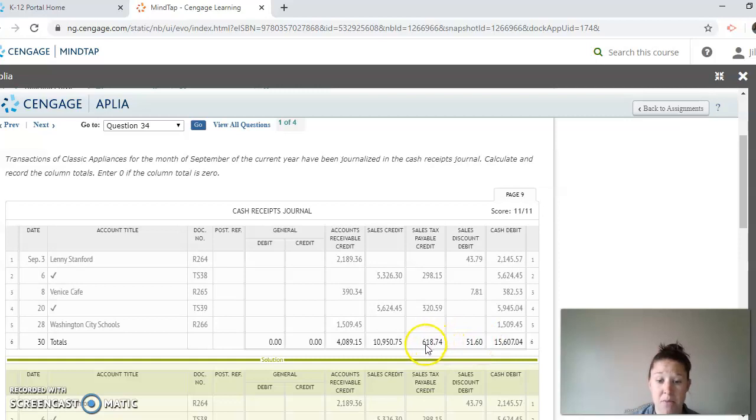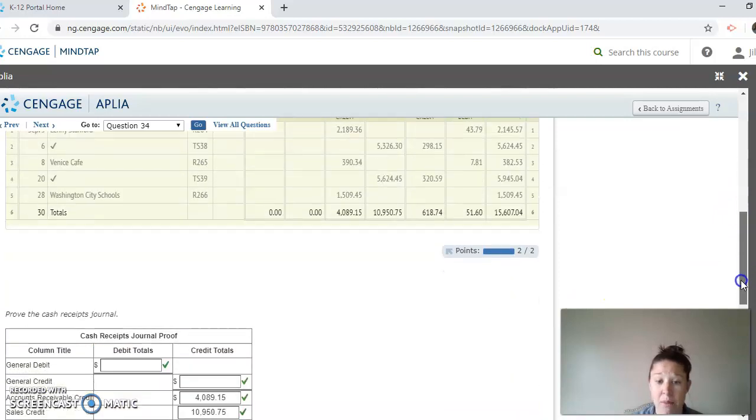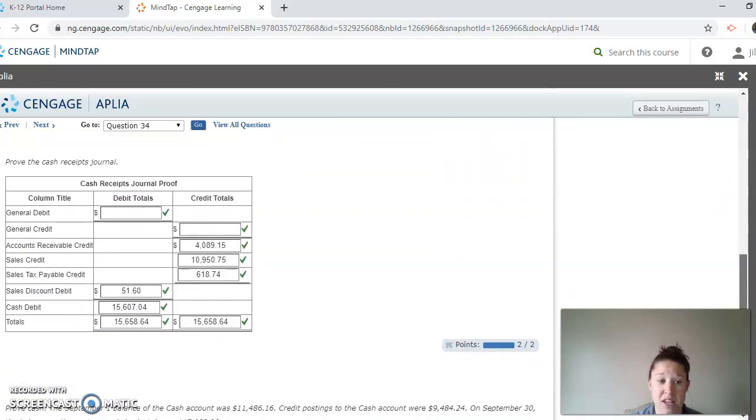Sales tax payable is $618.74. Sales discount is $51.60, and cash is $15,607.04.